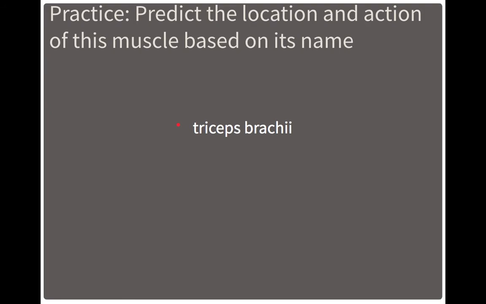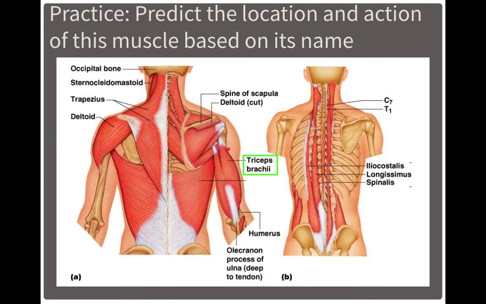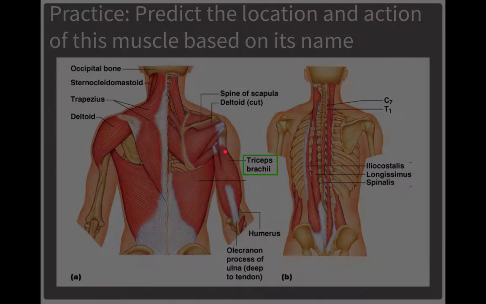Okay, where would you find the triceps brachii? So tri means 3, sep means head, brachii or brachius means arm. The triceps brachii is a 3-headed muscle. You can see the heads up here. So a 3-headed muscle on the posterior side of your arm.